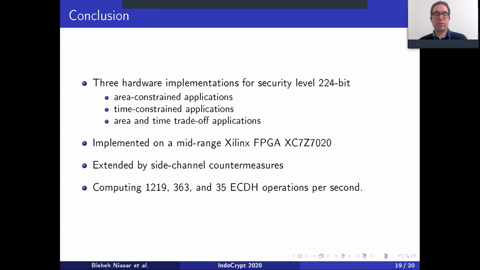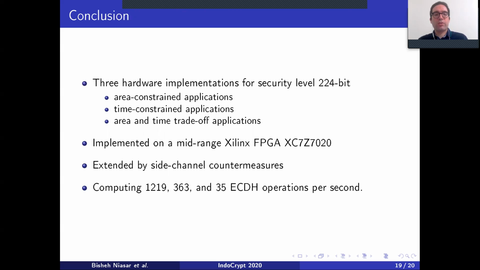To conclude, in this paper, we investigate 3 different hardware implementations targeting different optimization perspectives. The first one is the area constraint application. The second one is the time constraint application. And the third one is the trade-off between area and time.